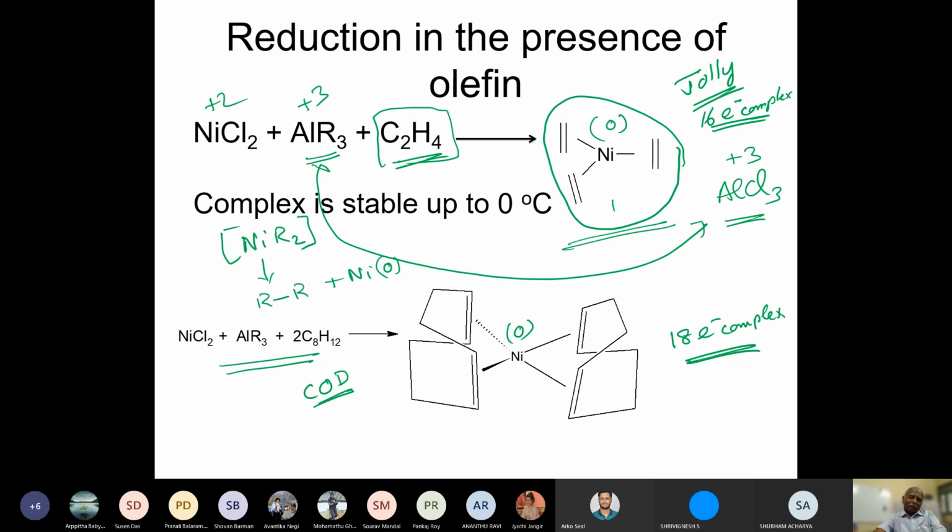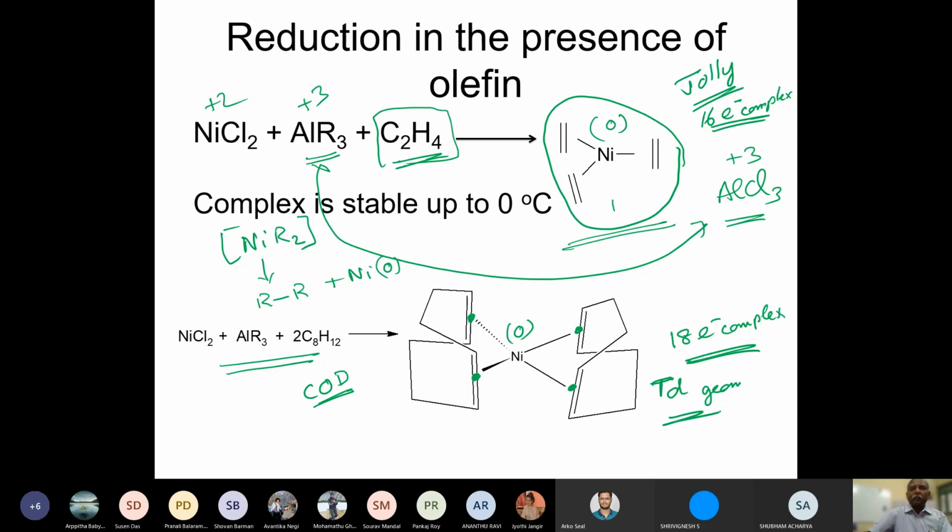Okay, let me. I forgot to tell you that this is tetrahedral. That's what you assumed, Shubham, and you're right. This is tetrahedral geometry, which means if I take these points, that's a tetrahedron.